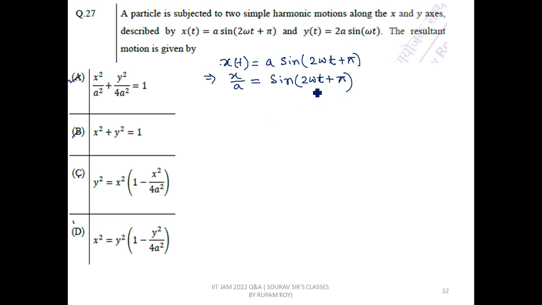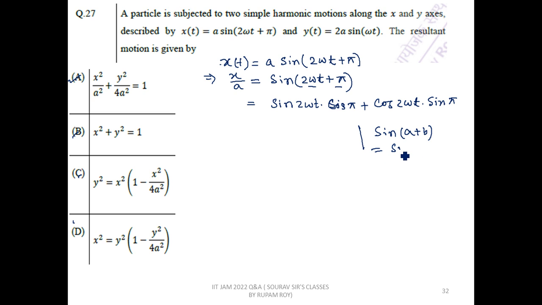What is the formula of sin(a + b)? It is sin a cos b plus cos a sin b.